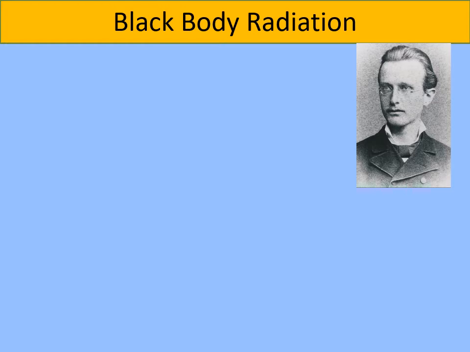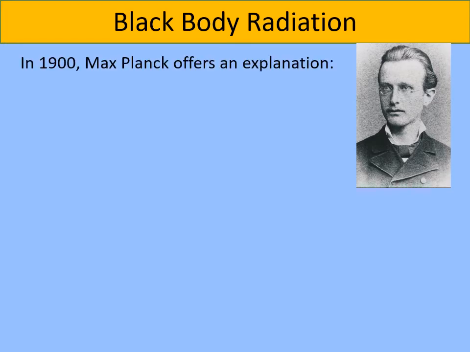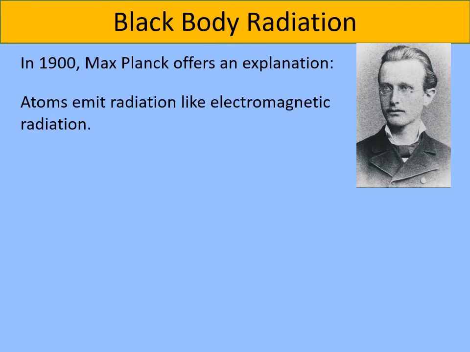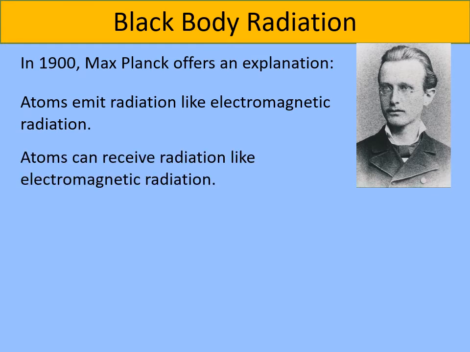What he did know was that atoms are releasing electromagnetic radiation. The atoms themselves can also receive radiation and then convert that into other forms of radiation. He thought that maybe the energy is quantized, or that energy comes in these discrete little packets.